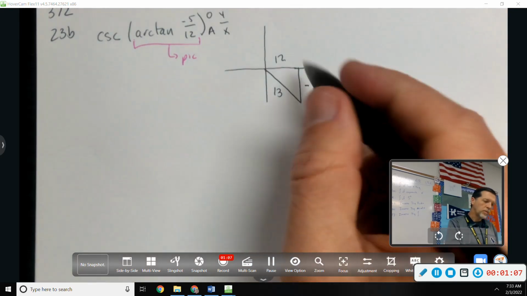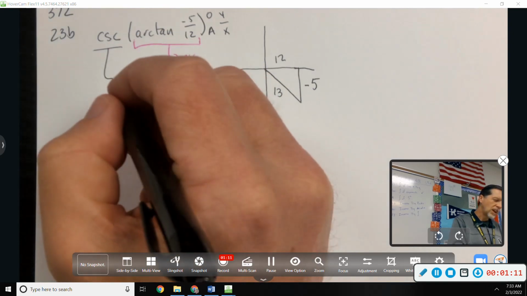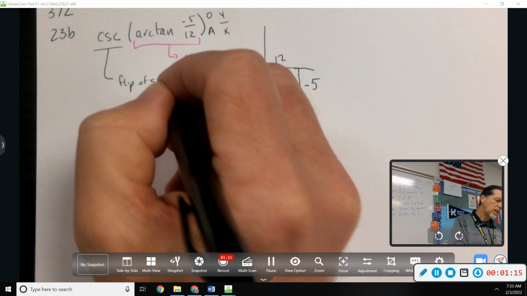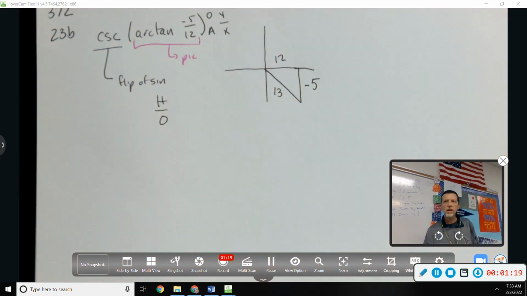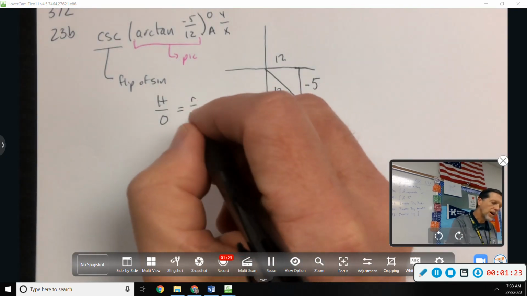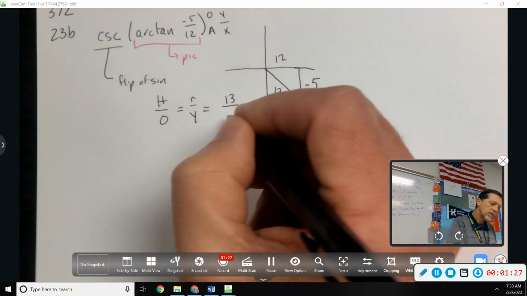Or a squared plus b squared equals c squared. And then cosecant is the flip of sine, so that's h over o, or r over y, so 13 over negative 5.